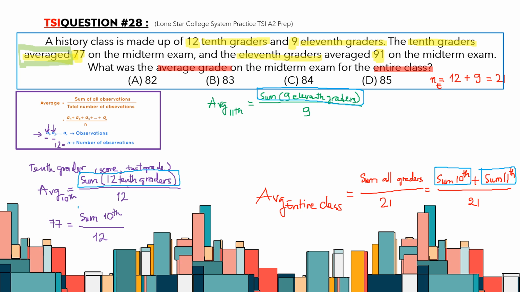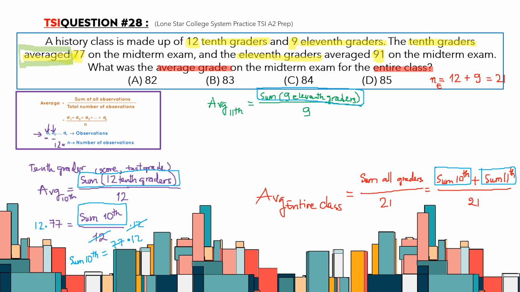Our target is the sum of the 10th graders, and to solve for it, we multiply both sides by 12. On this side we cancel the 12. Now the sum of the 10th graders equals 77 multiplied by 12. I just leave it like that.